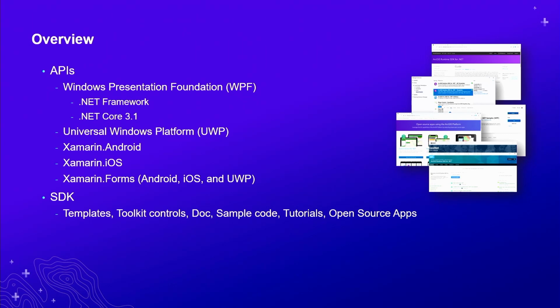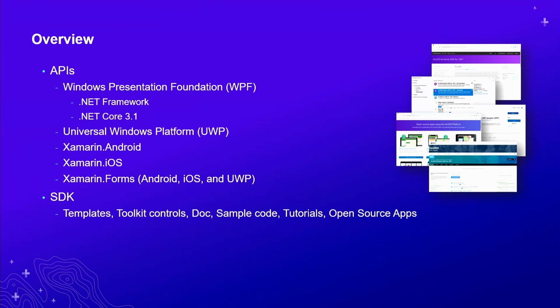And of course, as well as the APIs, I've talked about how this is an SDK. We provide great SDK resources to make you more productive as a developer. That includes IDE integration with project templates in Visual Studio, a toolkit with a set of toolkit controls and components, documentation, both guide, concept documentation, and also API reference.